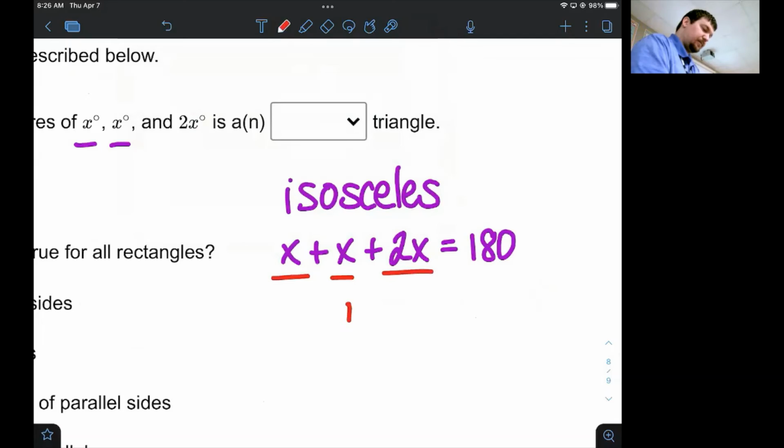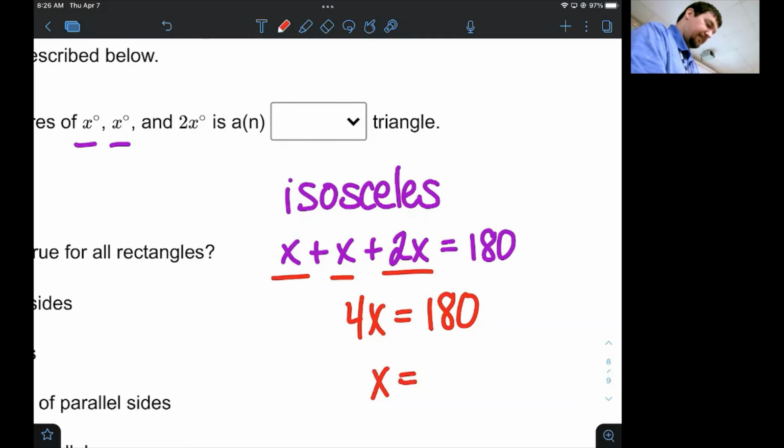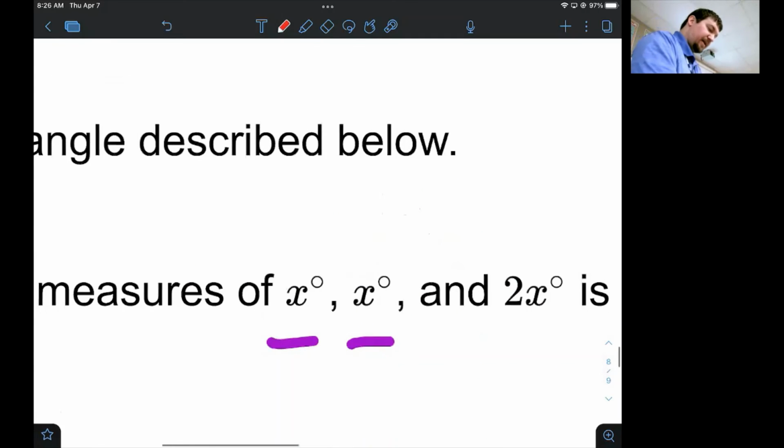A 4x. So we get 4x equals 180. And then 180 divided by 4. What's 180 divided by 4? Addison? 45. Okay. So if x is 45, then that means you have a 45-degree angle.